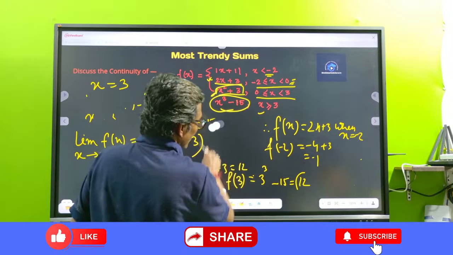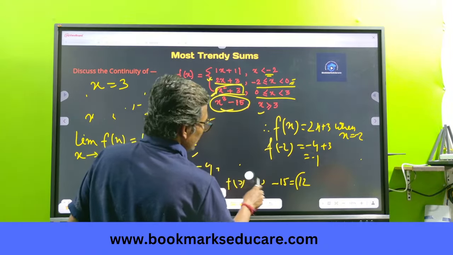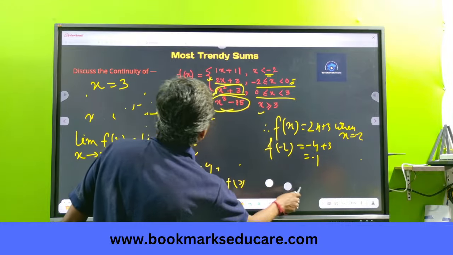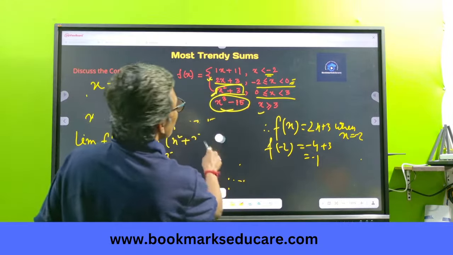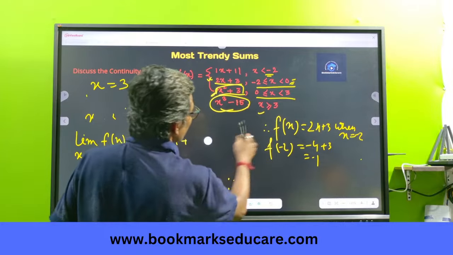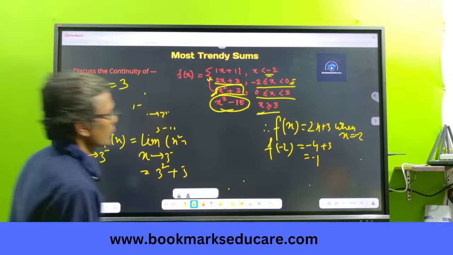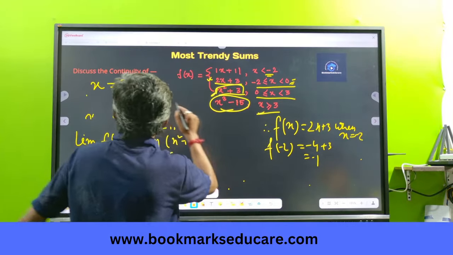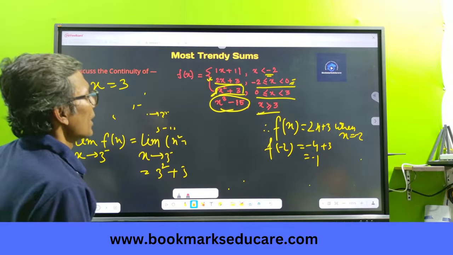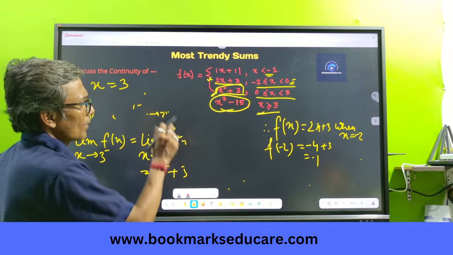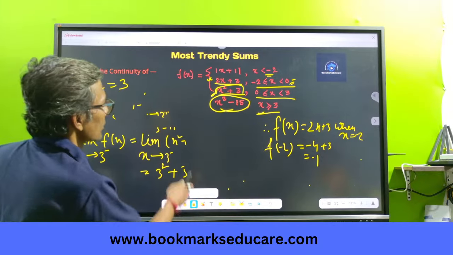That's all for this sum. So this function is continuous at 0 and 3.